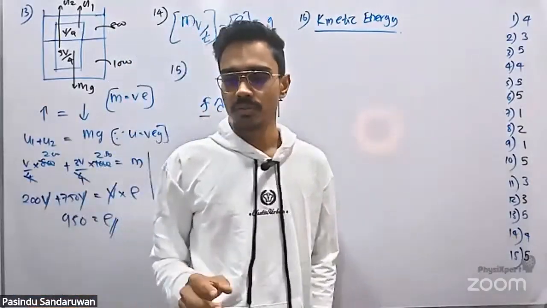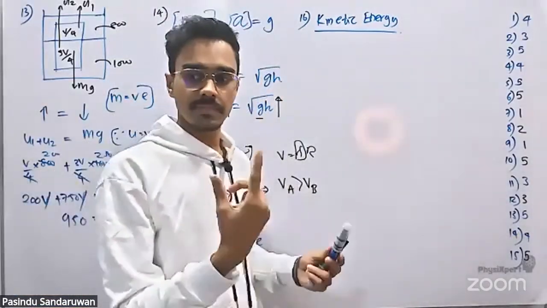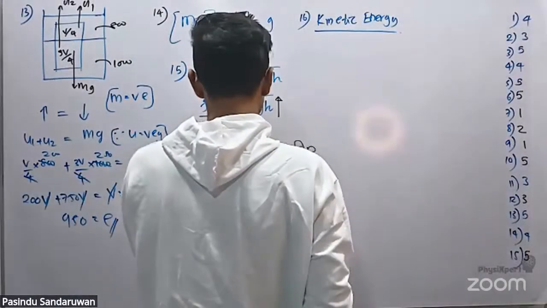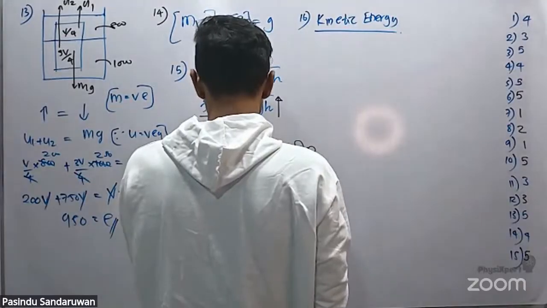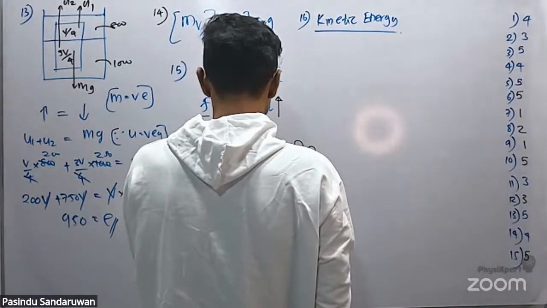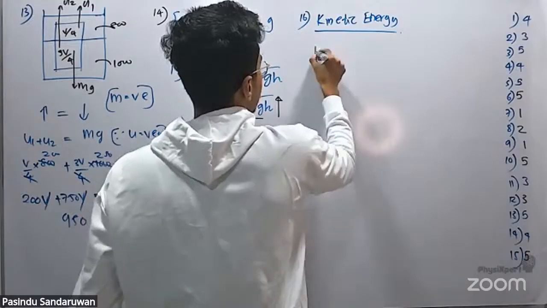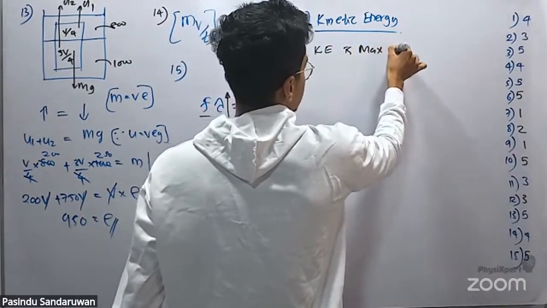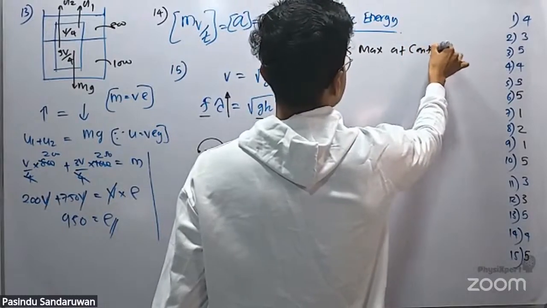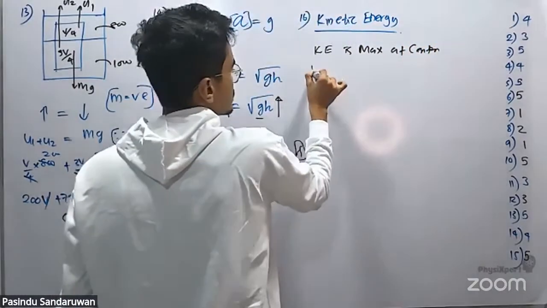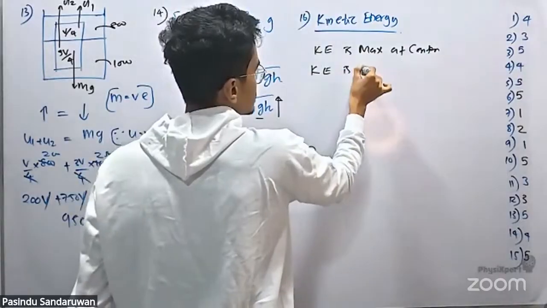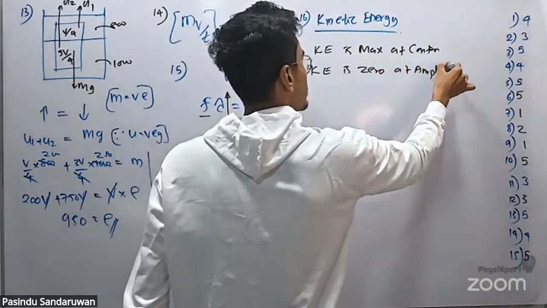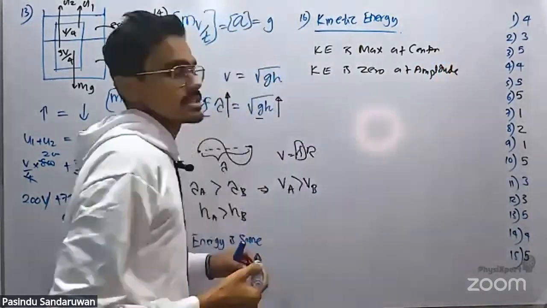So we know at the center kinetic energy is maximum in a simple harmonic motion. And we know kinetic energy is 0 at amplitude.